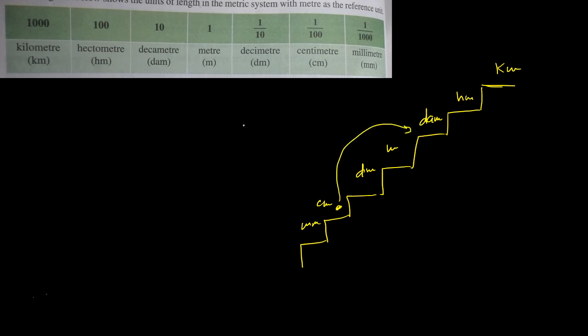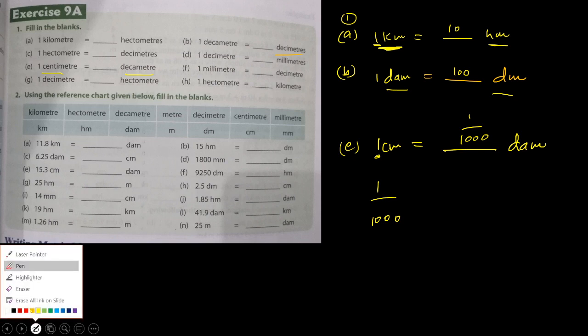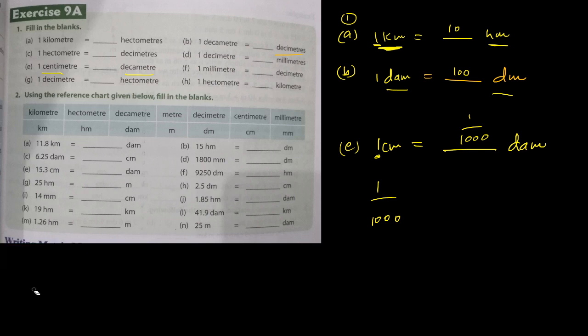So you are going upside, so you have to divide. 1 stair, 2 stair, 3 stair, means you have to divide by 1000. So when you will divide 1 by 1000, you will write 1 upon 1000 decameter, and this will be the answer. Once you understand the concept, you don't have to worry about it. All the questions will become easy for you.